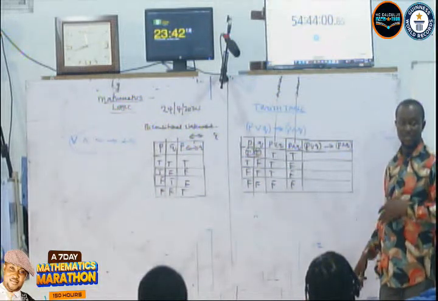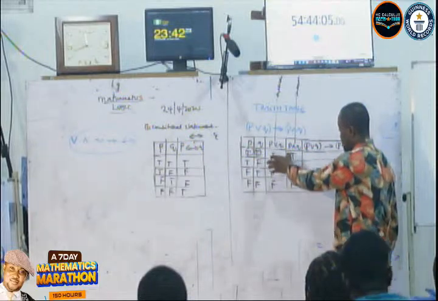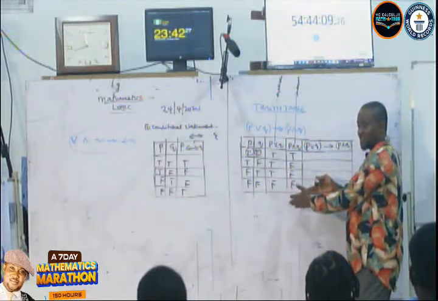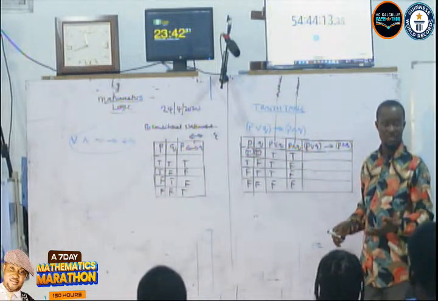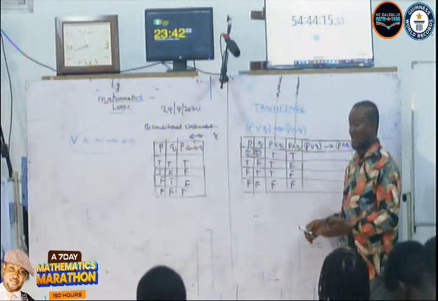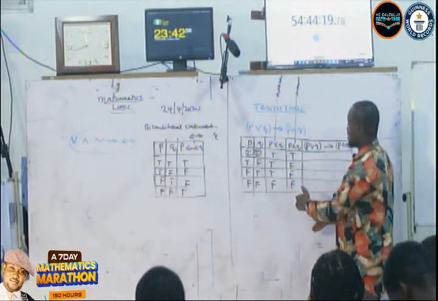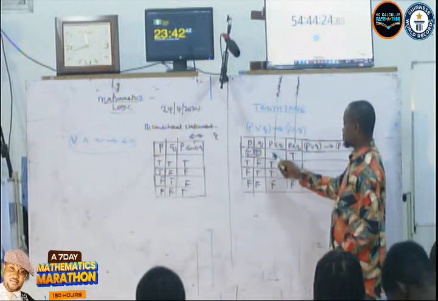So the law states that when the antecedent is true and the consequent is false, it is false. Otherwise, it is true. Are you getting me? So now at this point, the antecedent is this and the consequent is this. Look at this line: this one is true, this one is true.